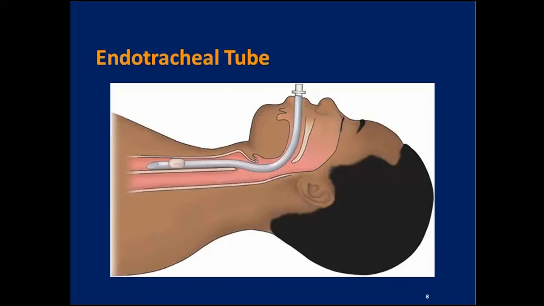You will also see those same signs if that tube becomes inadvertently dislodged. Now that doesn't mean the tube would come all the way out, but it might just mean that it has been pulled out enough that we're not able to oxygenate the lungs effectively. And so your saturations would drop, heart rate might start to fall.